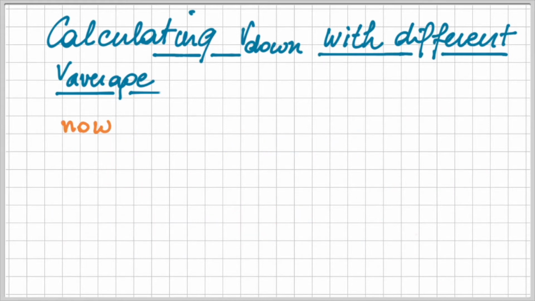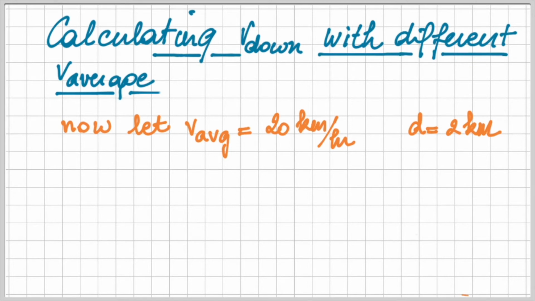So basically what we find here, we say in the first case, for example, that the average speed I want to reach is 20 kilometers per hour, and the distance is 2 kilometers like in the original problem. From this, we know that the total time is 4 kilometers divided by the average speed, which is 20.